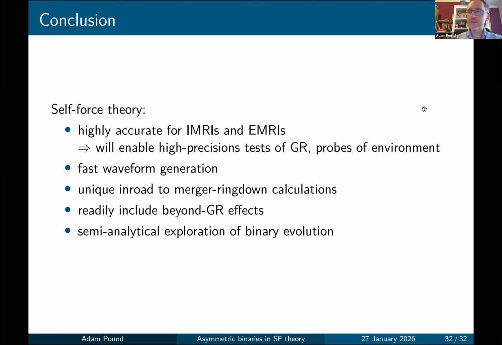And I don't know what the latest estimates are for the length of signals we'll see for IMRIs with 3G detectors. They used to be very optimistic that we would see really long signals for mass ratio 1 to 100 with the last I heard, but there should be a new version of an estimate for event rate.